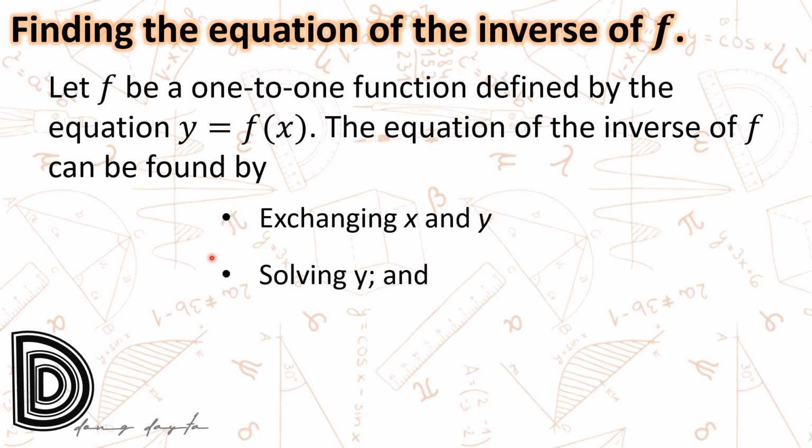Solve for y and equate y to inverse f of x. Remember, exchanging x and y, solving for y, and equate y to inverse f of x. These are three simple steps.